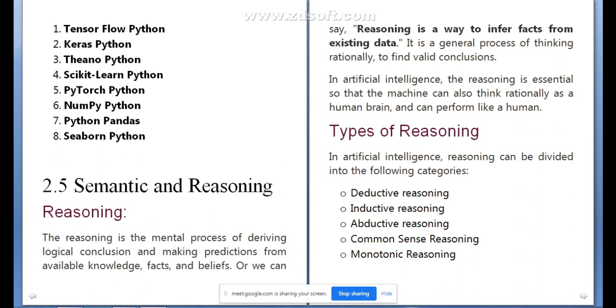So what is the knowledge that is presented in the question? From that knowledge you try to infer, derive the logical conclusion and make the prediction, and according to that logical conclusion and prediction you give the answer.